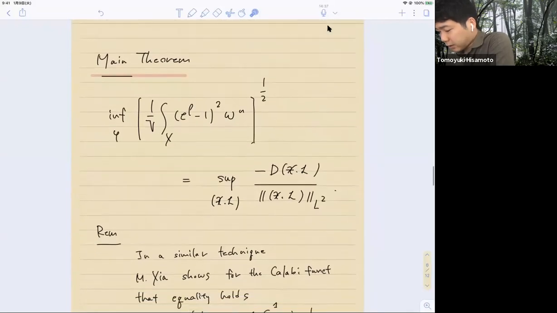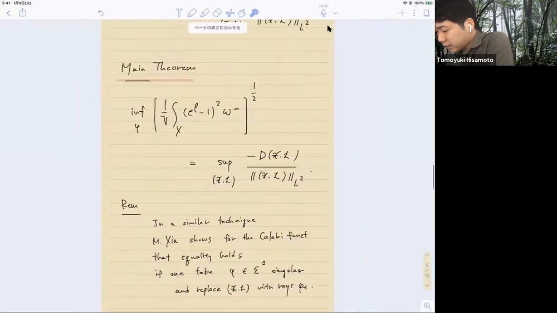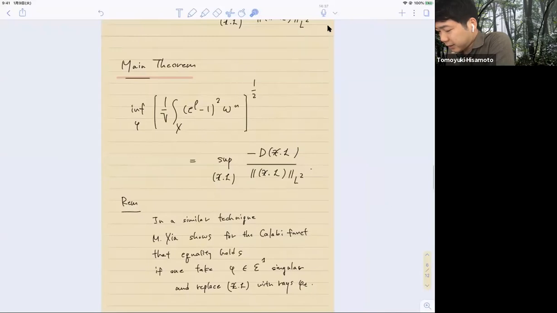But I can remark that with a similar technique, Mehdi and Zhang show for the original Calabi functional that this equality holds if we take phi a singular metric and also replace the test configuration with possibly transcendental ray phi t.